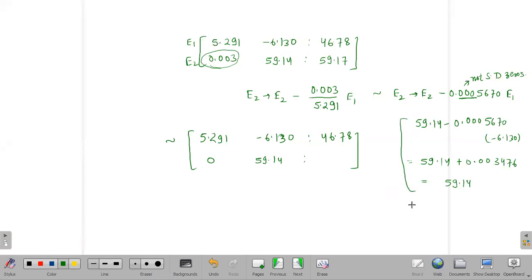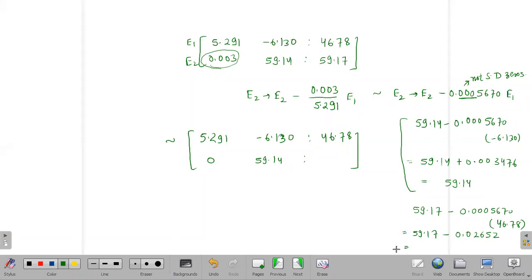Now what will happen with this number: 59.17 minus 0.0005670 multiplied by 46.78. If you multiply these two, then it will be 59.17 minus 0.02652. I'm taking 4 digits.